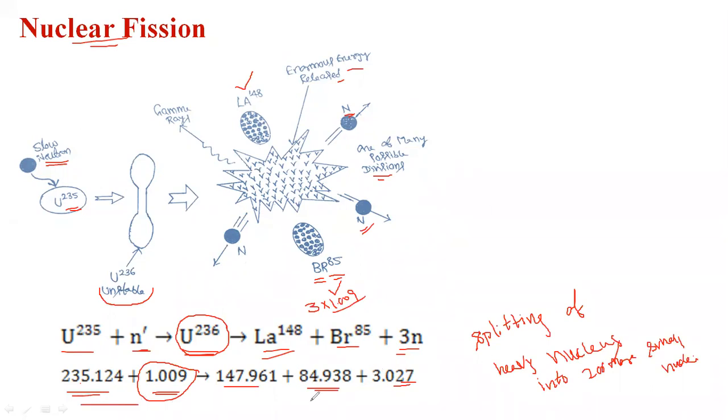this is nothing but the left hand side and then the right hand side. Here the value is 0.207 AMU, as per the mass energy relationship.